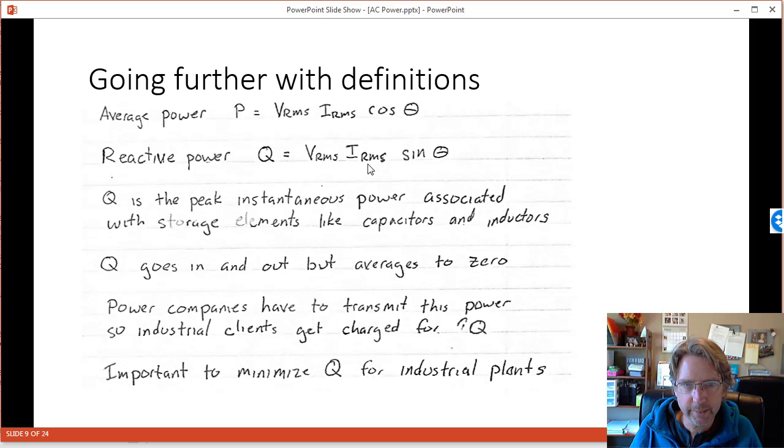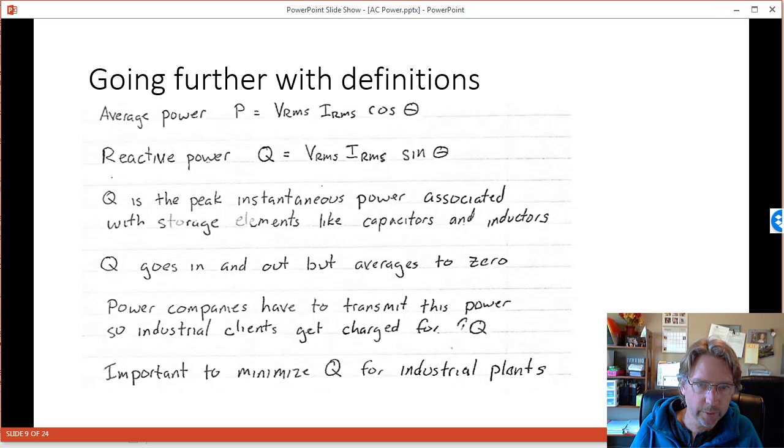It's VRMS, IRMS times sine of theta. So if you look back at the instantaneous power, if Z is just a capacitor or an inductor, and the book goes through this in detail, then the peak power going into the inductor or capacitor is this VRMS, IRMS sine of theta.